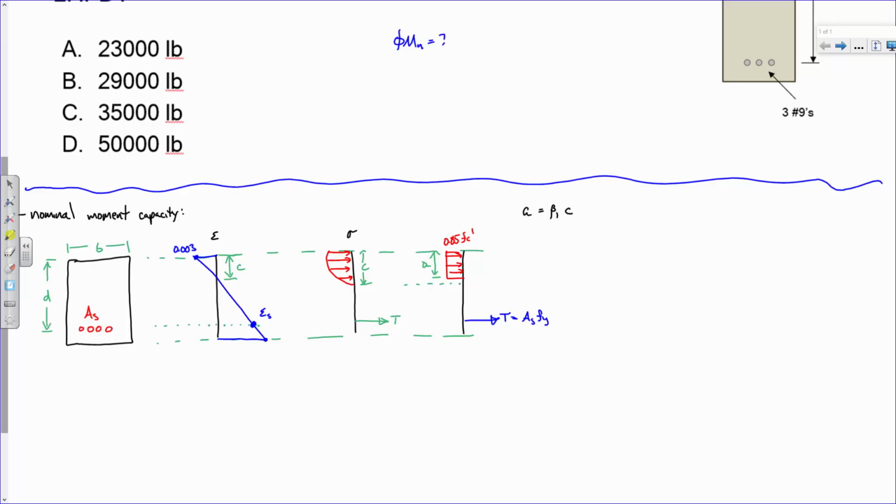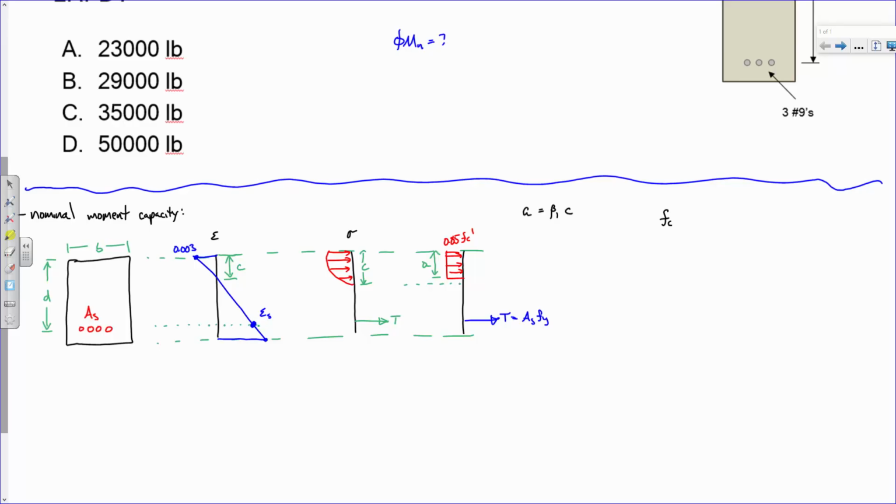So remember, As had to be greater than As min, but then the strain had to be greater than a certain value. It was not 0.005, it was 0.004. Now, the 0.005 is going to come up here in a second, so that's easy to forget. That's totally fine.